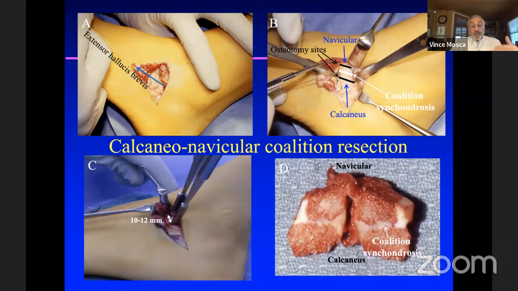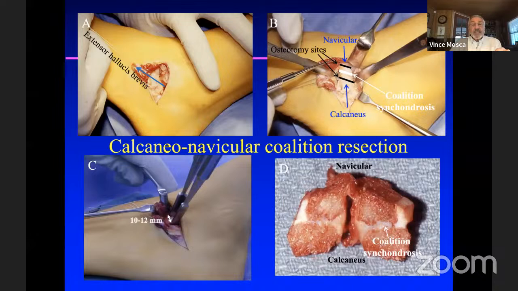And the bone fragment that is removed, and it was removed and then bisected, so you can see the navicular over the calcaneus, and that white line of cartilage is the synchondrosis of the calcaneonavicular coalition. That's the segment that came out. And it is important that the segment comes out as wide superficially as it does in the depth.